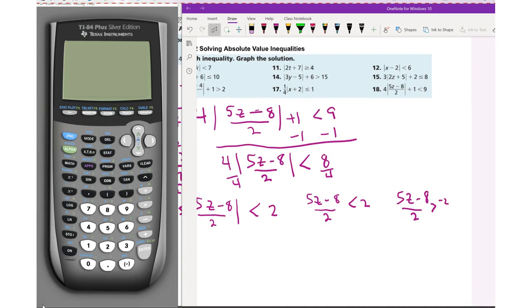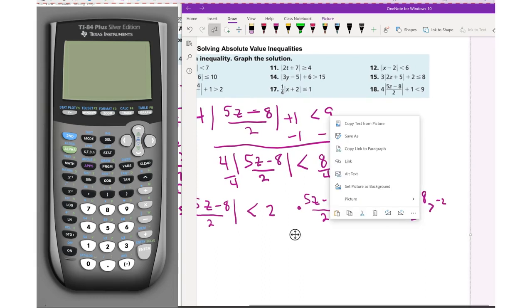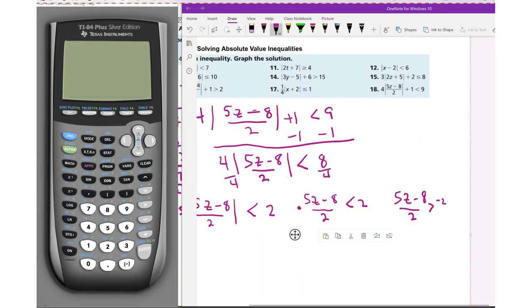So now what I need to do is multiply both sides by 2. And you notice that these two are going to be 1. So you have 5z minus 8 less than 2 times 2. That's not 2.2. It's going to be 2 times 2, which is 4.